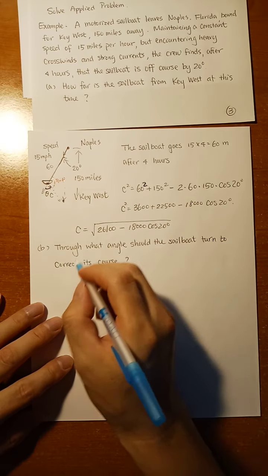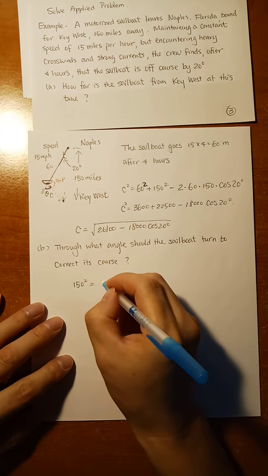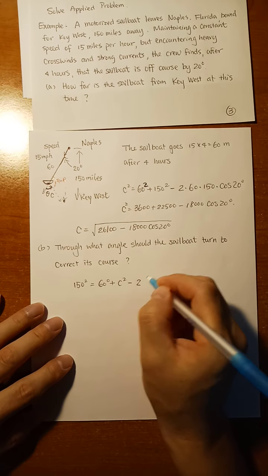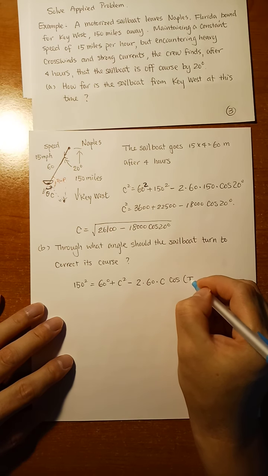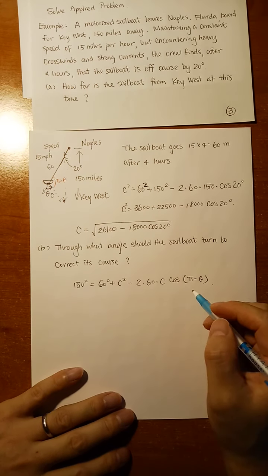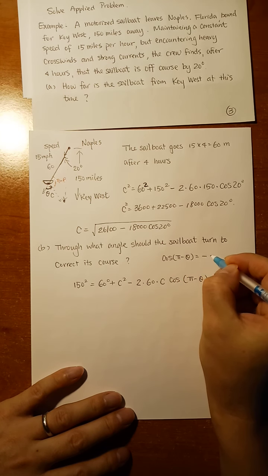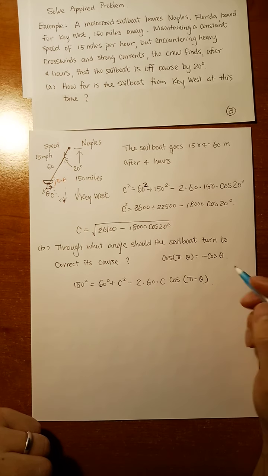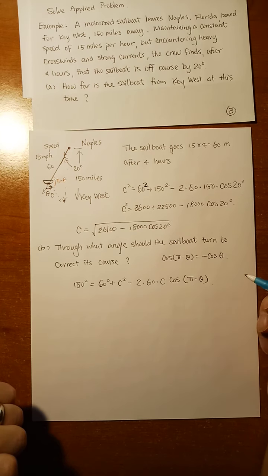We get 150 squared is equal to 60 squared plus C squared minus 2 times 60 times C times cosine of pi minus theta. Cosine of pi minus theta is equal to negative cosine theta. You can use the difference formula to check it.